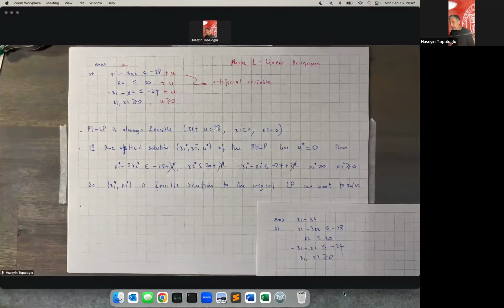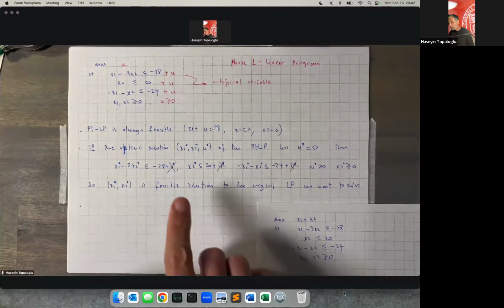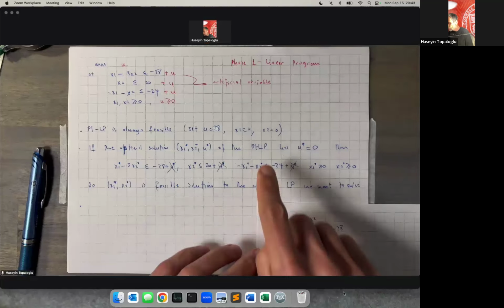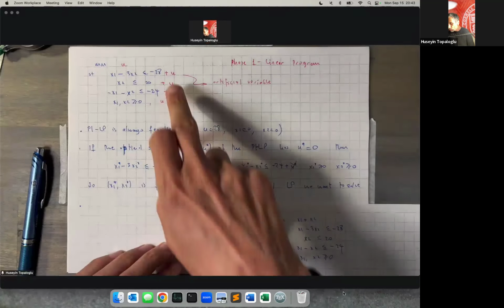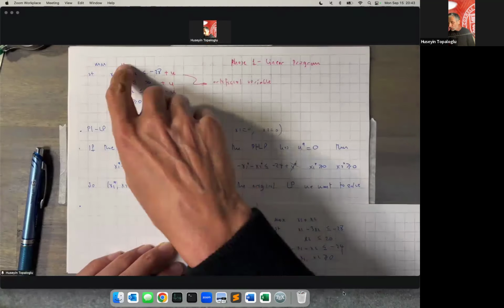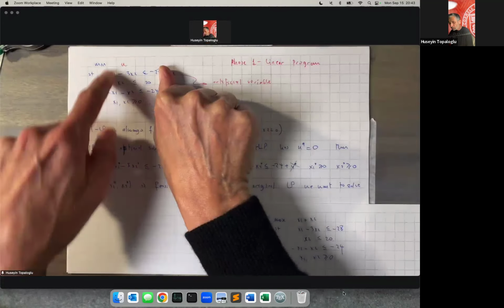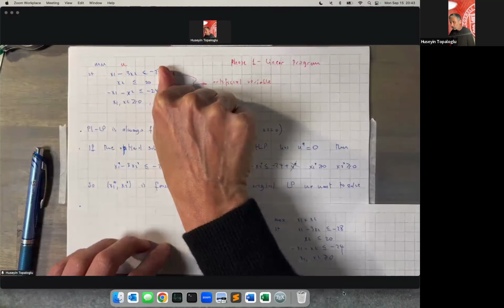On the other hand, if the optimal solution x1, x2, u star of the phase one linear program has u strictly greater than 0, then there's no way I could push u all the way down to 0 while finding the corresponding values of the x's that satisfy these constraints.